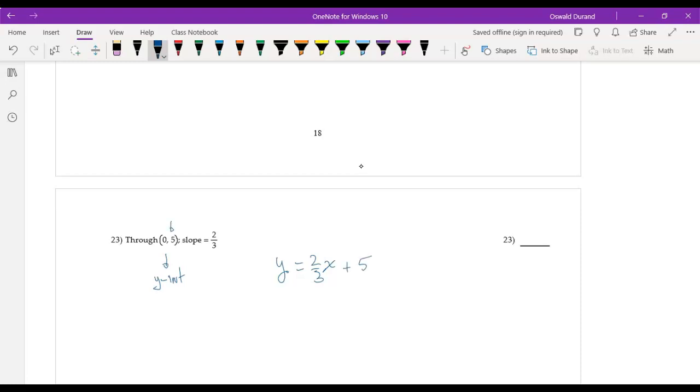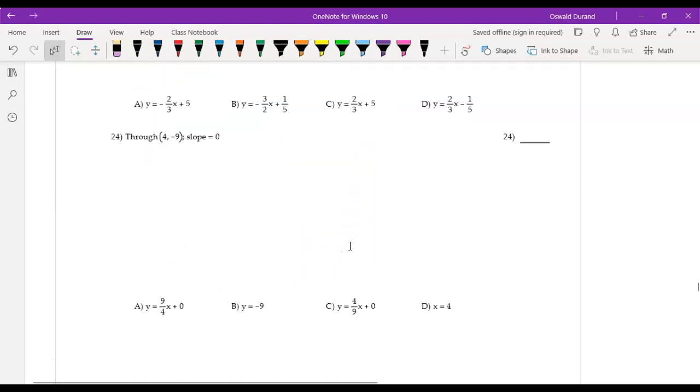Plus 5. And you are done. Only in this condition where the x coordinate is 0 can you put 5 here, or the value that is right here. If there's no 0, then you have to do it just like I did previously.